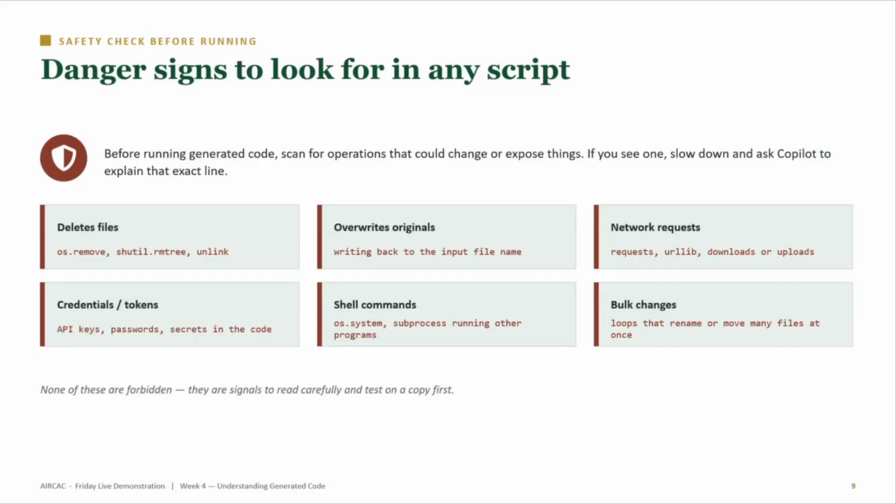This is also very important: network requests. Sometimes we use some package to access the network, to access an API, or, let's say, links that are dangerous. So it's also very important not to download blindly or upload blindly your data to the network.